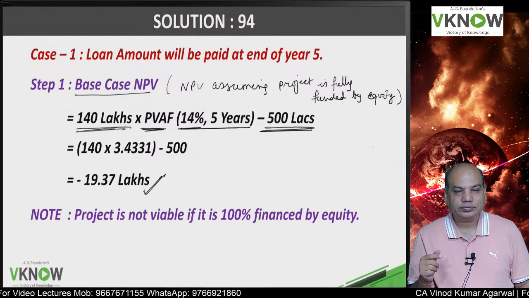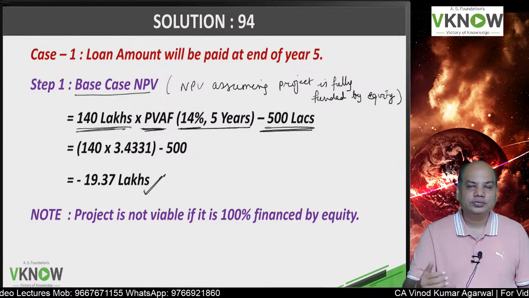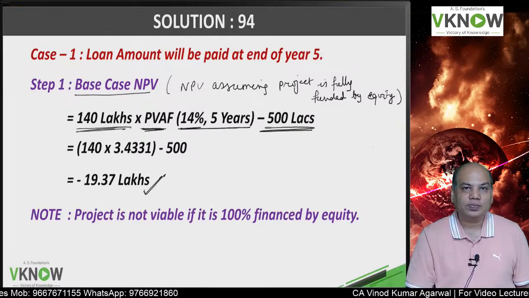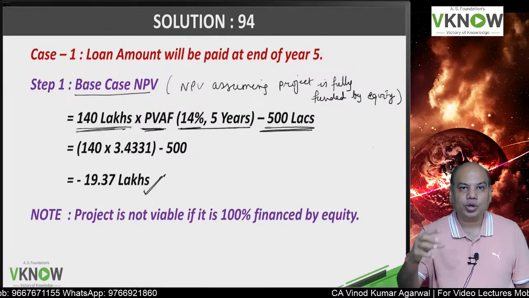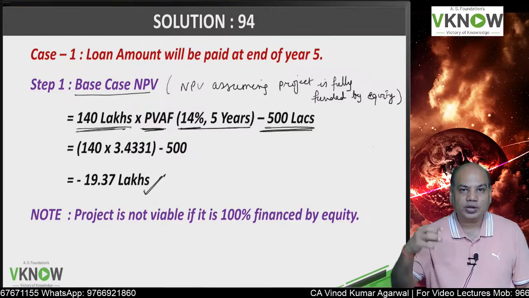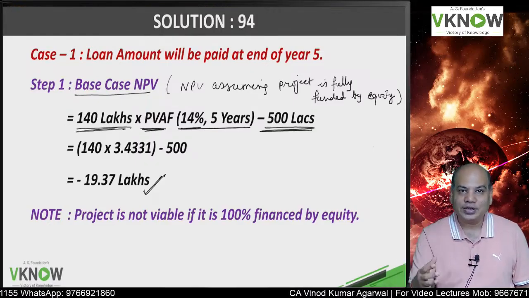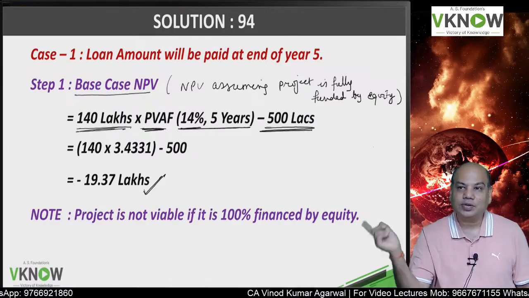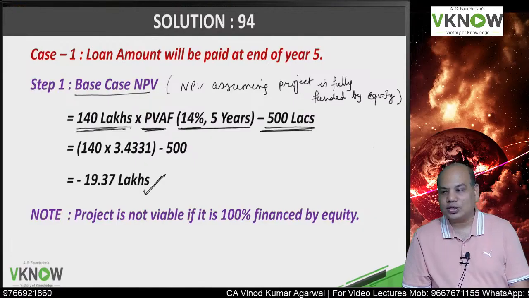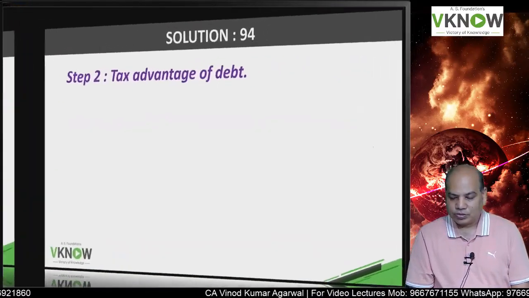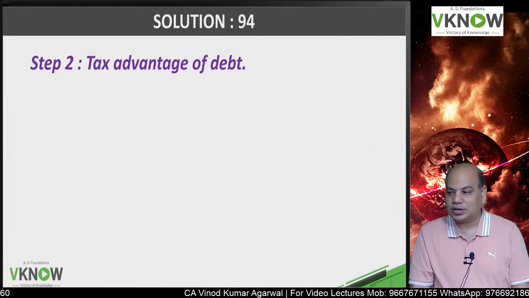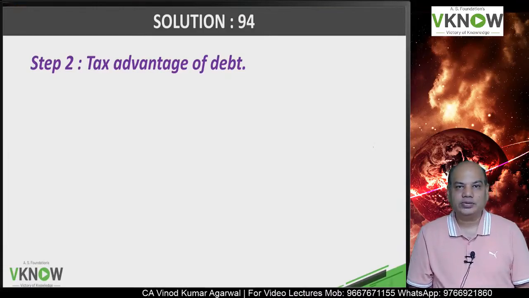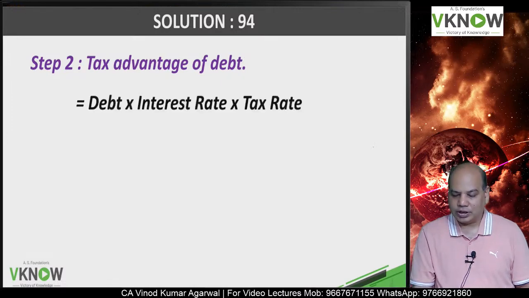So let us see how by borrowing 200 lakh of debt, it can improve the NPV of the project. On the borrowed part you'll pay interest, and on interest you'll get a tax shield. The tax shield will increase your NPV, but let us see whether the project is viable with the tax shield or not. So step number 2, write down the tax advantage of debt.